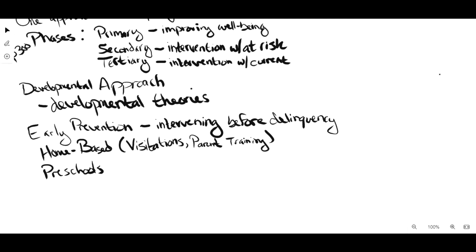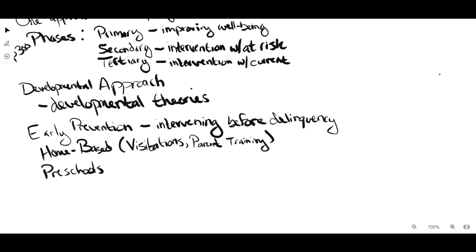I would argue most people aren't trained to be a parent. Not that there is a one way training, but the idea is that some people need to learn a little bit more on how to be a parent. And so that's one way that we can have a positive early prevention strategy for delinquency.